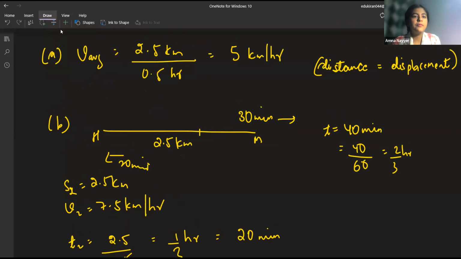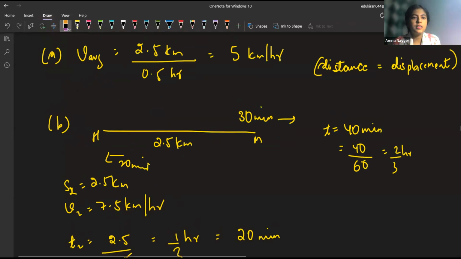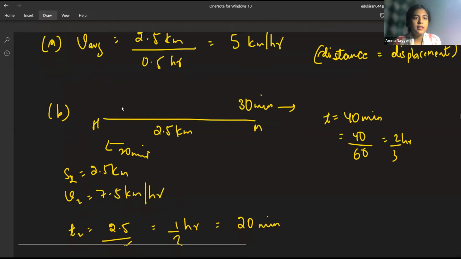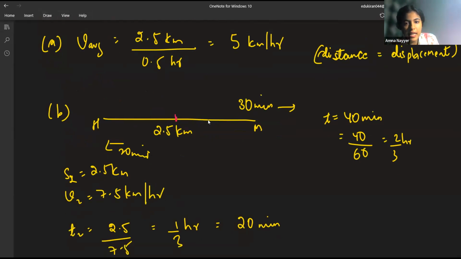Means 30 minutes here and 10 minutes here. Then 30 plus 10 becomes 40, right? We can divide 20 minutes into exactly 2 parts, 10 minutes, 10 minutes. It means the person is exactly at midway when time is 40 minutes. And when the time becomes 50 minutes, the person will be back home.